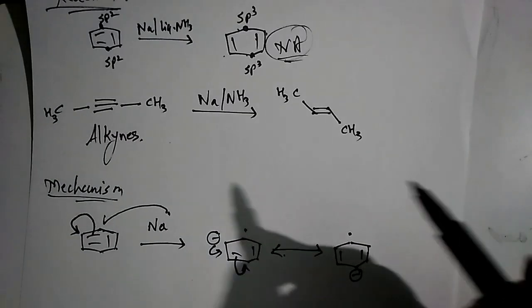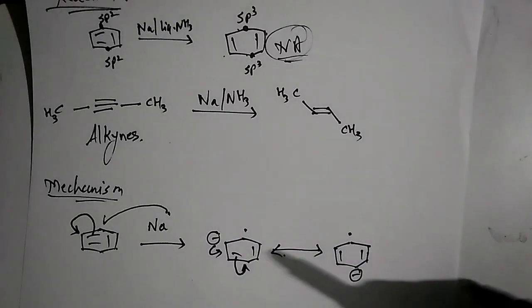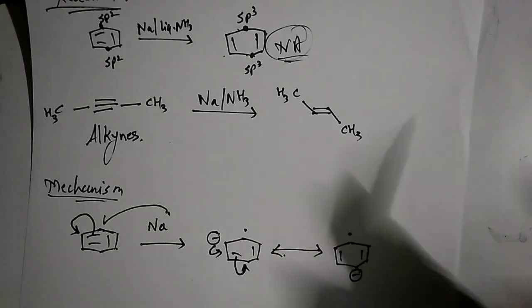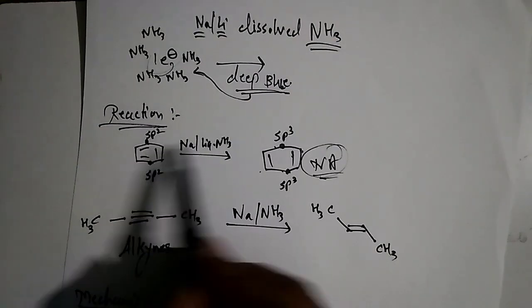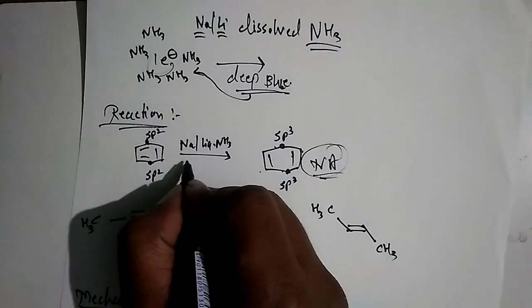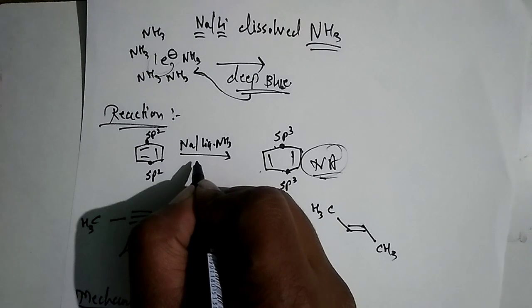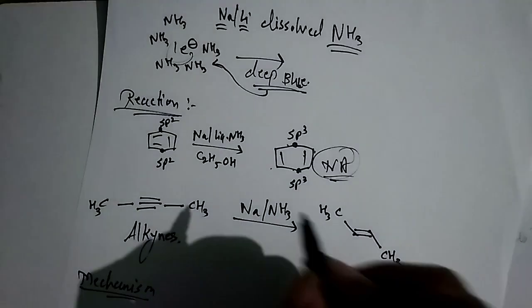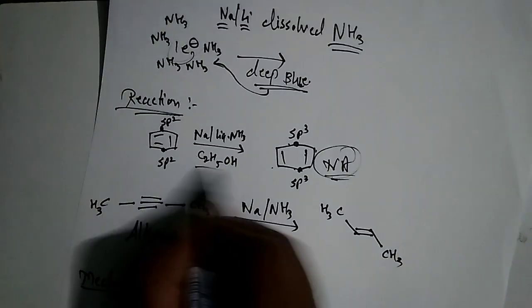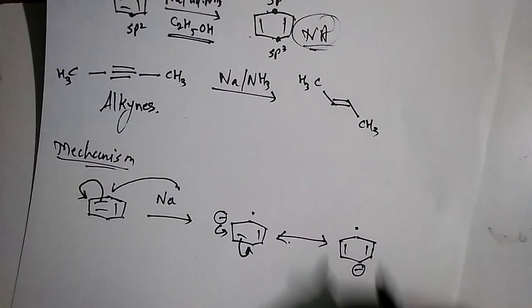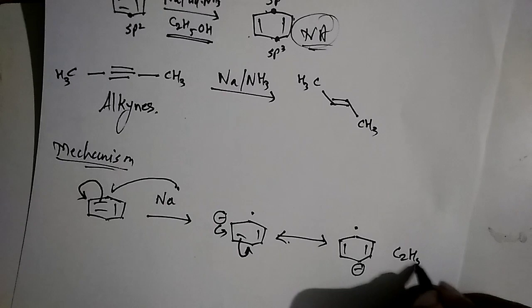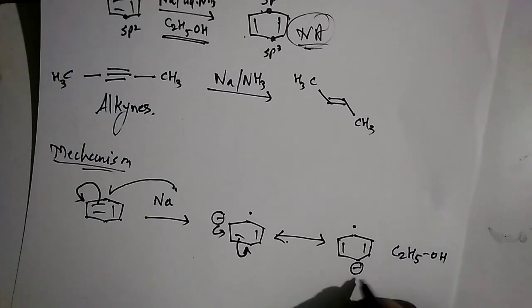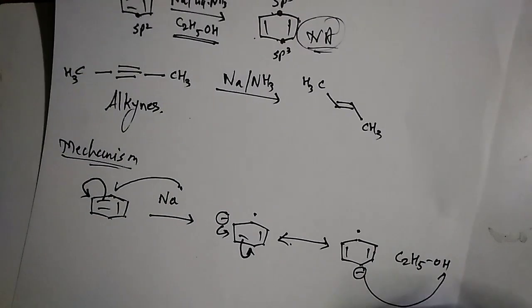In some books and examples, you might have seen that with these reagents they use a polar protic solvent like ethanol or any alcohol. The basic reason for using these solvents is to promote the reaction and increase its rate.